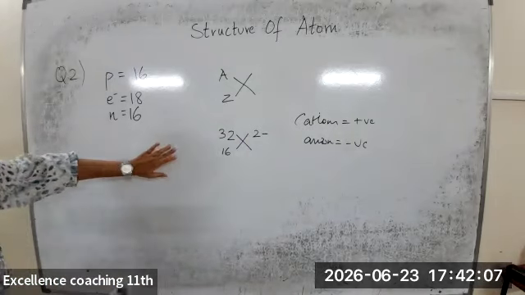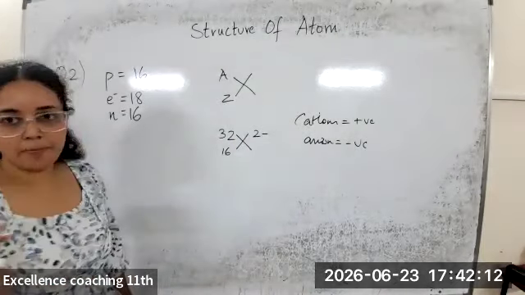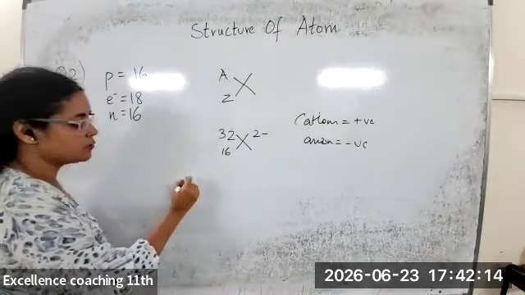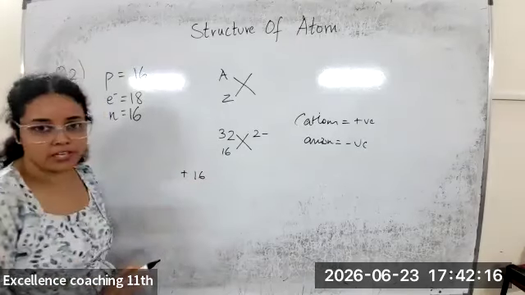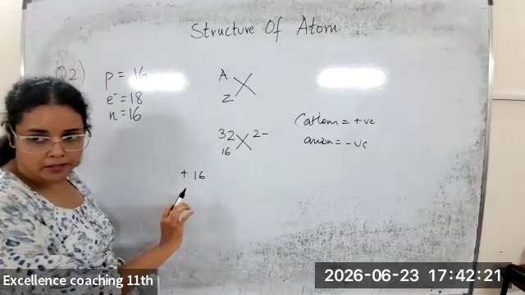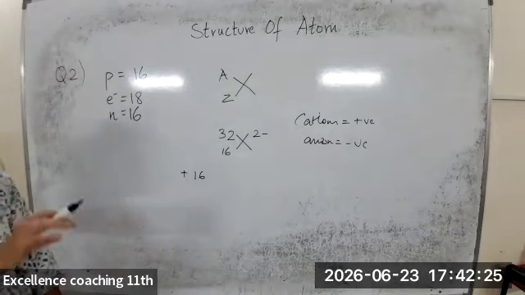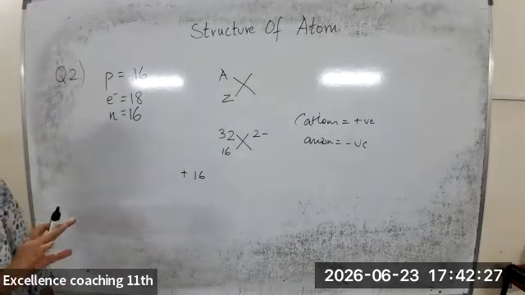So a simple way you can understand it: suppose 16 protons are present, meaning 16 positive charge. So how much negative charge will I require? I have 16 positive charge, like 16 protons, which are positive charge particles.